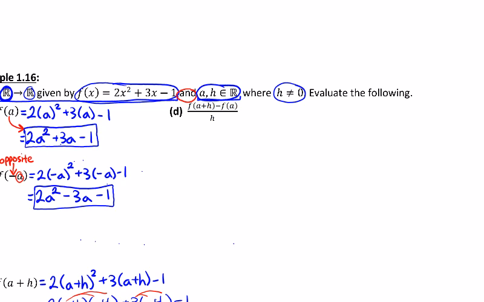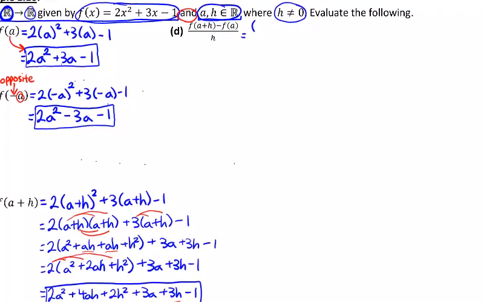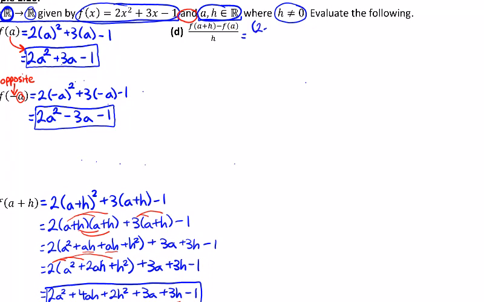So when I go to set this up, I'm going to open up a parenthesis, and we've already calculated f of a plus h. F of a plus h is given down here as 2a squared plus 4ah plus 2h squared plus 3a plus 3h minus 1. We already have that result.